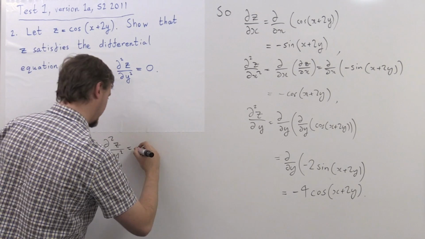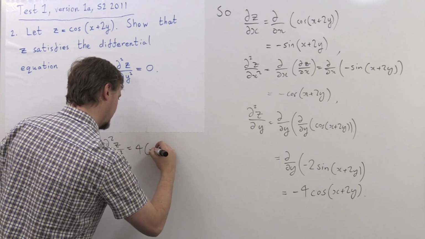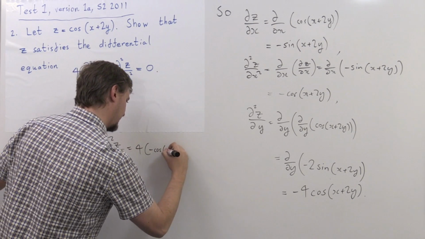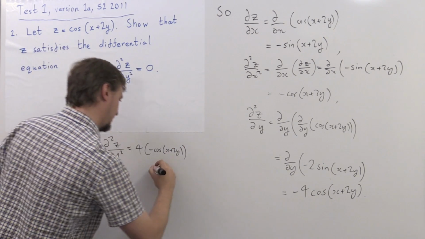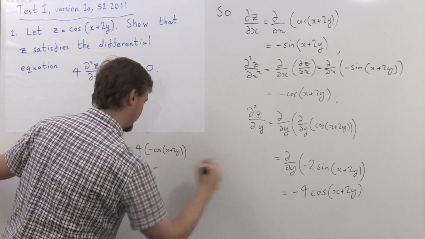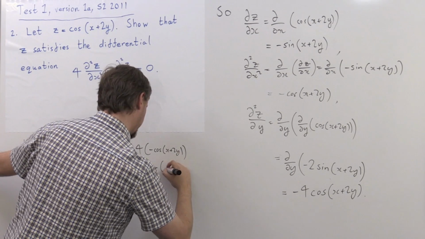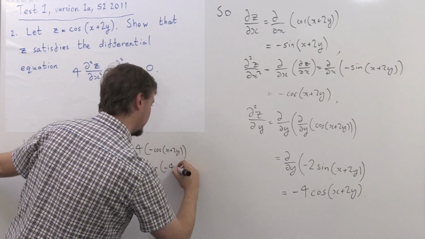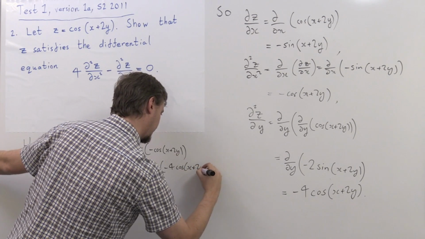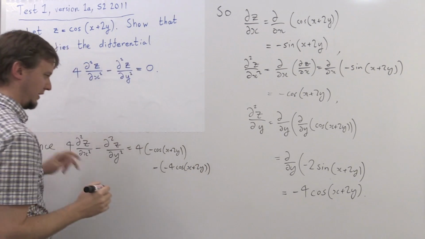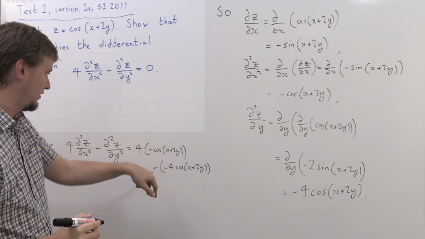Well, I'll just plug in what I found. It is 4 times minus cos(x plus 2y), and I'm subtracting off this term, which is minus 4 cos(x plus 2y). And that's minus 4 times that.